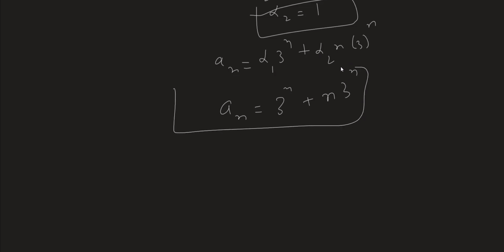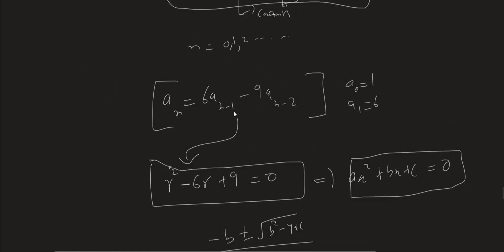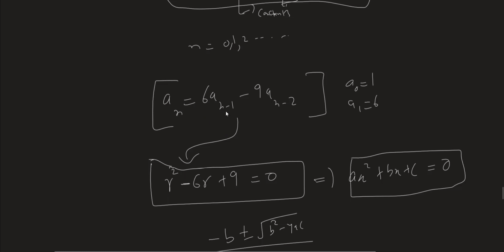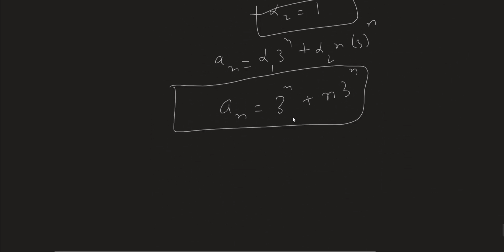So this is the solution of the recurrence relation an is equal to 6 times an minus 1 minus 9 times an minus 2. So this was the example where the roots were repeated. Now that was all about the solution of the linear homogeneous recurrence relations.